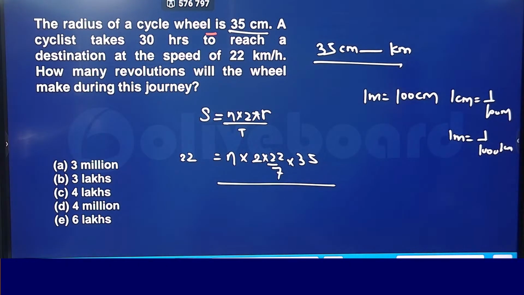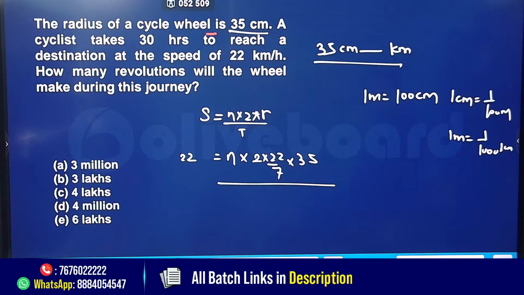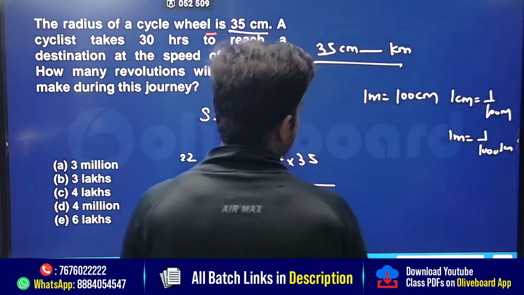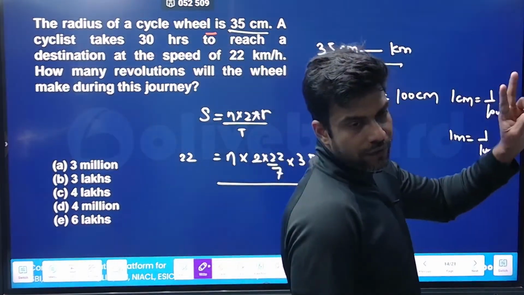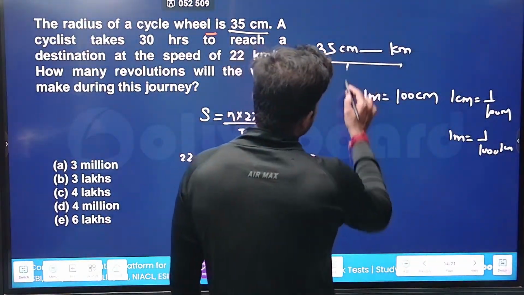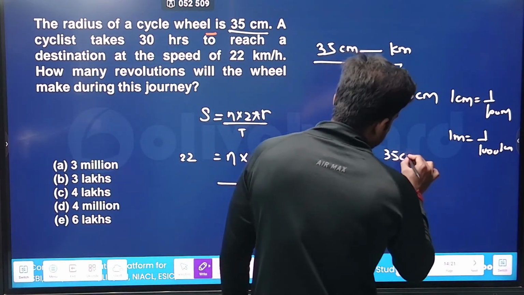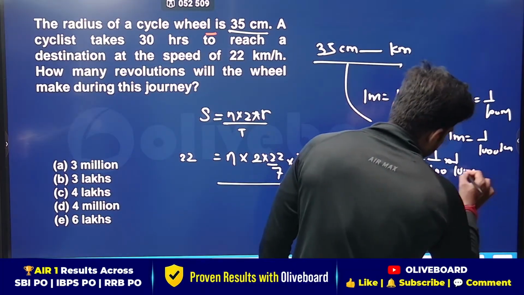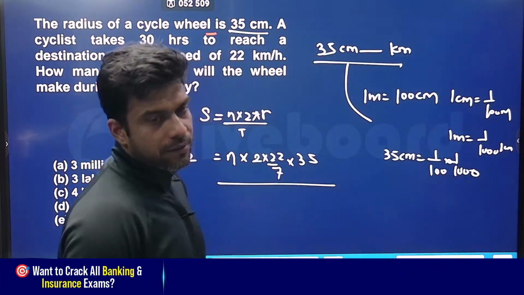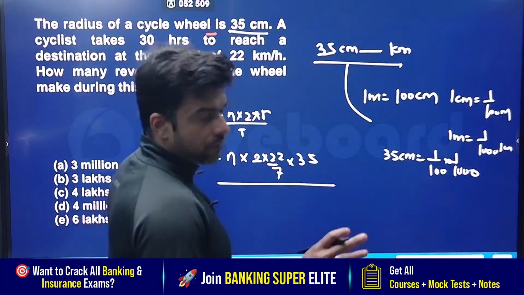Is this point clear? So in the case of 35 centimeter, we need to multiply with the two parts. To convert 35 centimeter into kilometers, it would be 1 upon 100 multiplied by 1 upon 1000. Then this will be in kilometers. Why am I saying this?